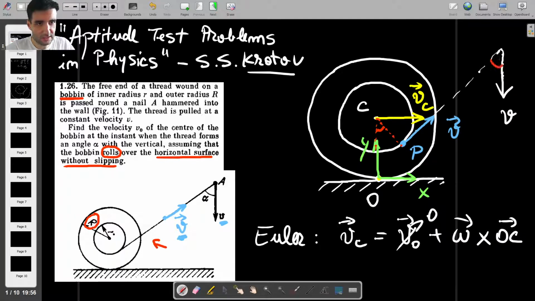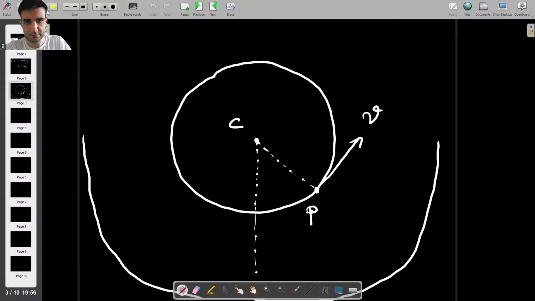Now the question tells us this angle is alpha, and using geometry, we can actually see that this angle here is going to be equal to 90 degrees or pi over 2 minus that angle alpha. Okay, so I'm going to write that as pi over 2 minus alpha, and we're going to use that to find the velocity of point P.